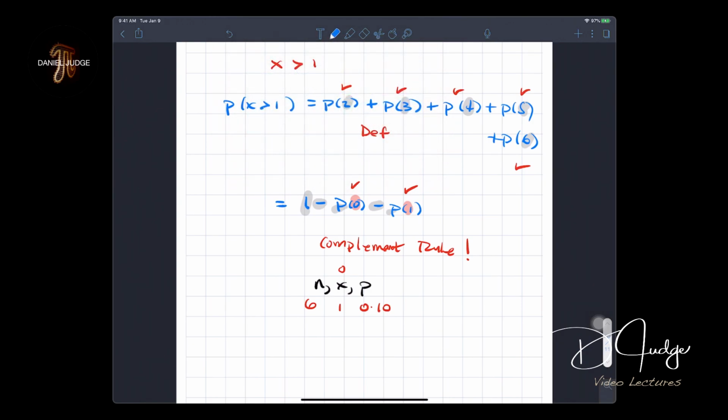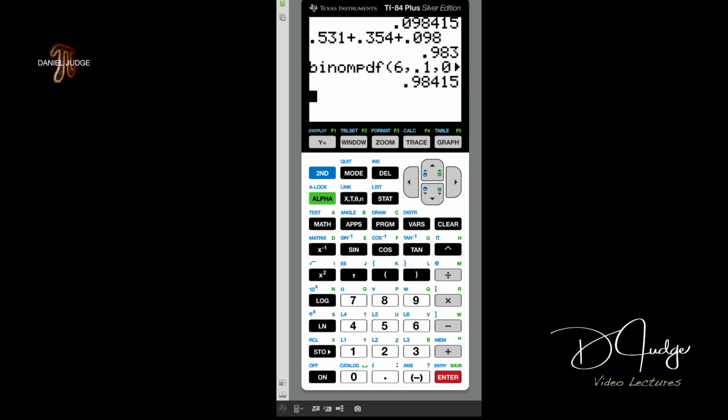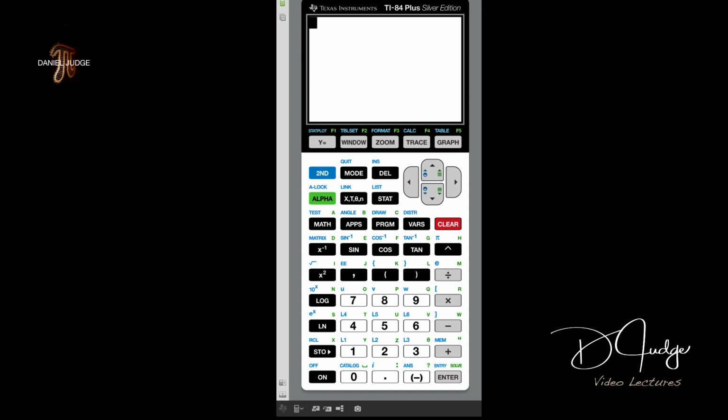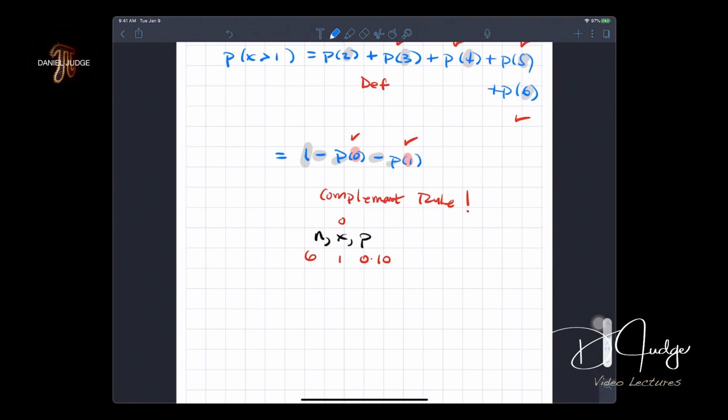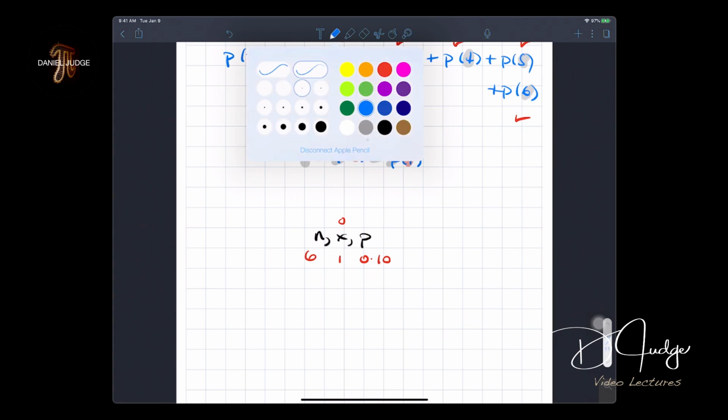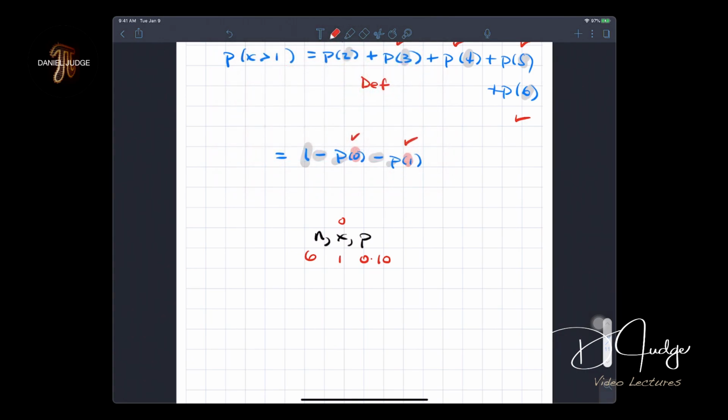All right, let's try this out in the TI. Let's be smart. By the complement rule, do I already have P of 0, by the way? The answer is yes, I have P of 0.